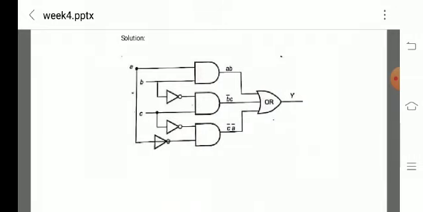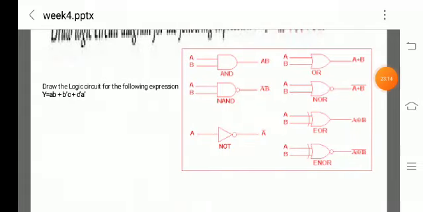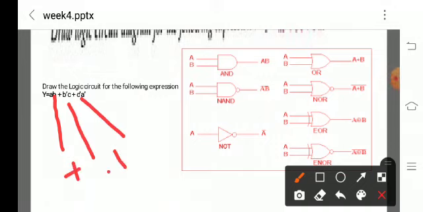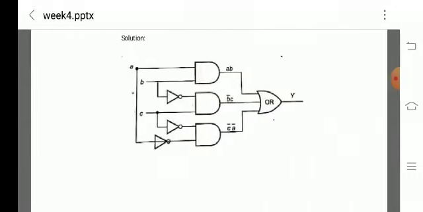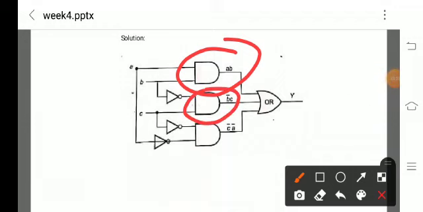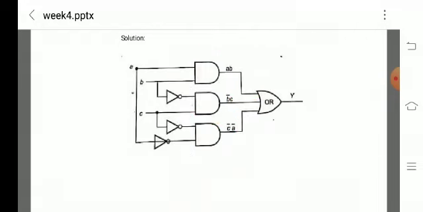So in this question, first you find AB, B dash C, C dash A, and finally you add. For adding, use OR gate; for multiplying, AND gate.